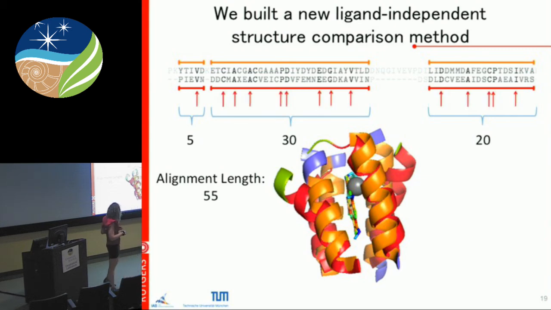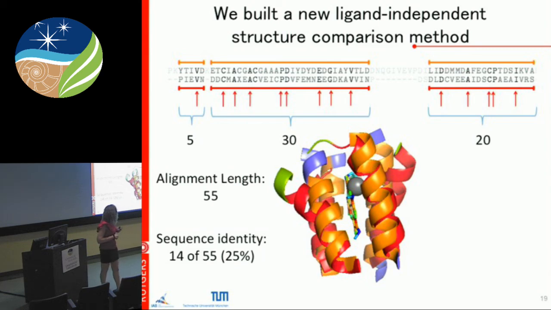Then we can ask how many of these amino acids are identical, right? So proline here, an aspartic acid, a glutamic acid, and so on and so forth. And actually, it's 14 out of 55, and that's 25% sequence identity. And if you recall, you need 30% sequence identity to somehow transfer similarity.